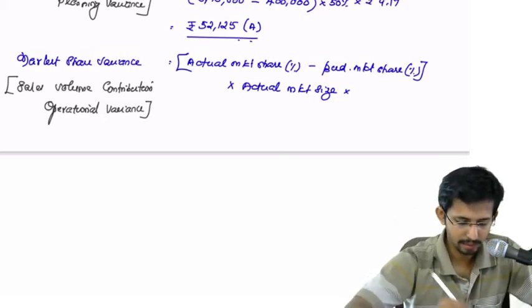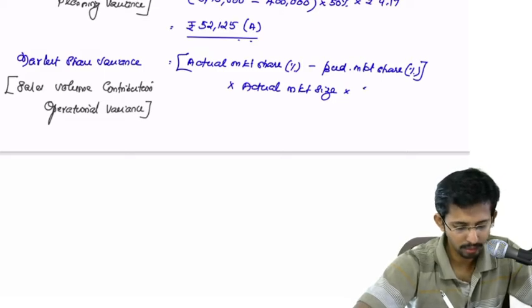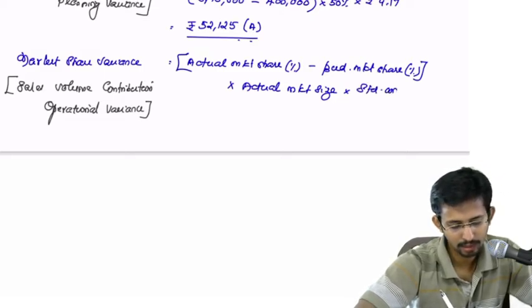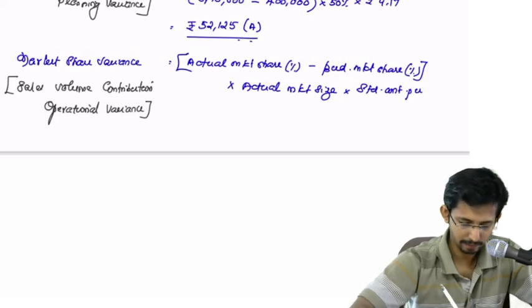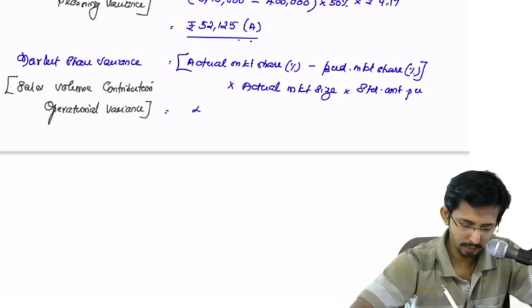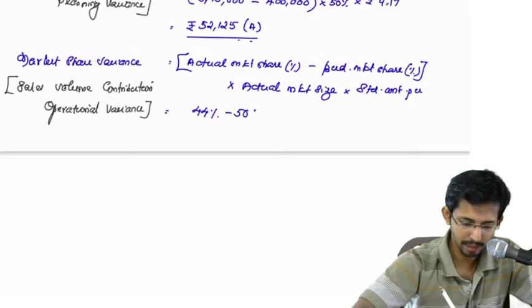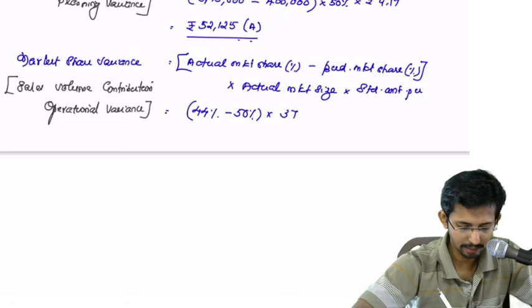So actual market size into standard contribution per unit. Actual market share was 44% minus budgeted 50%, into the actual market size 3,75,000, into standard contribution per unit, rupees 4.17.